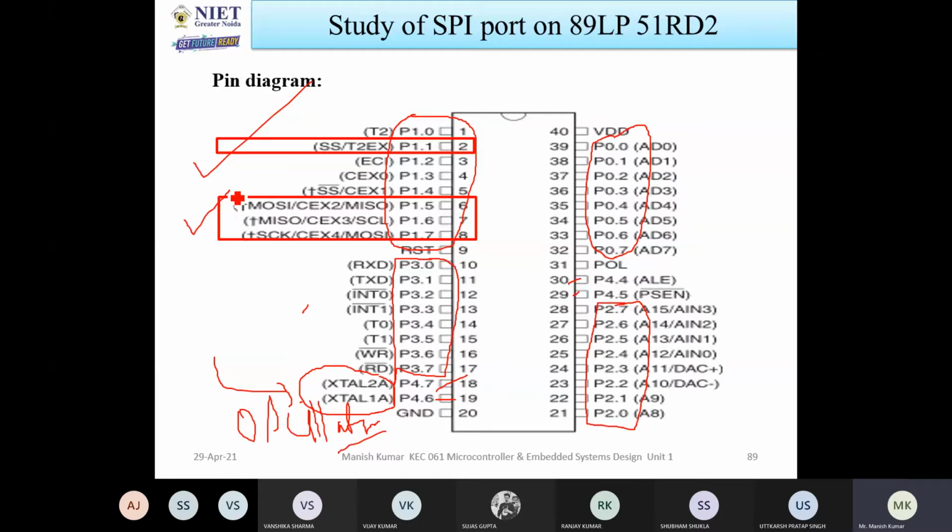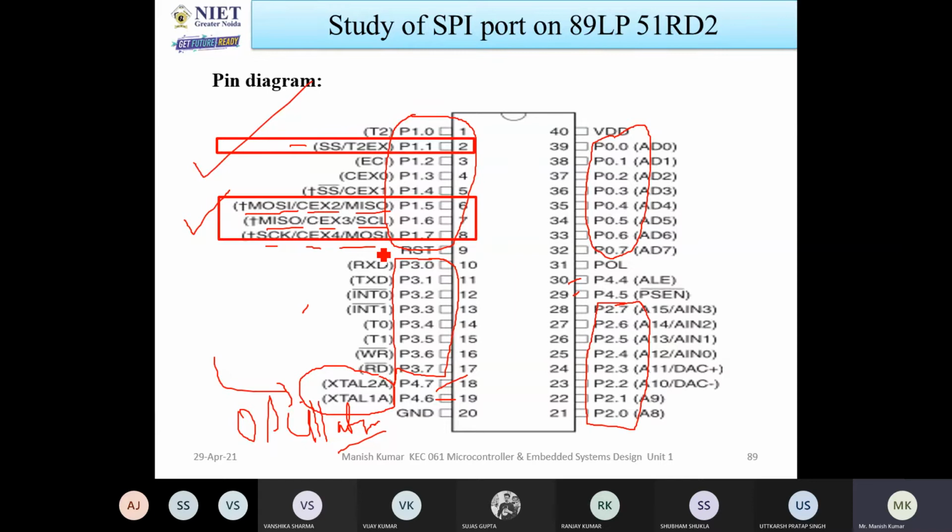Beside them it is written SS/T2EX, MOSI, MISO, SCK. So the same MOSI pin is available, MISO pin is available, SCK is available and SS is available.